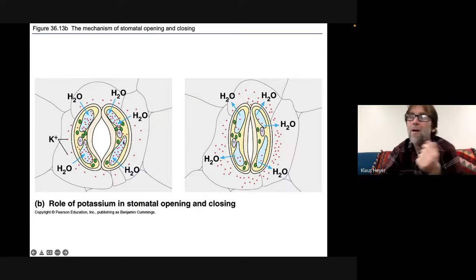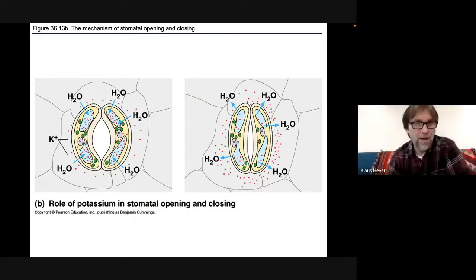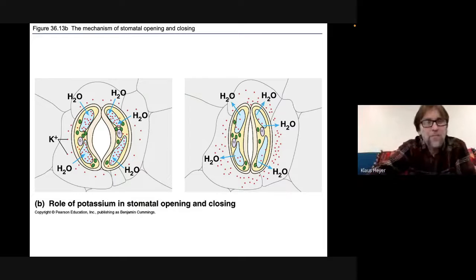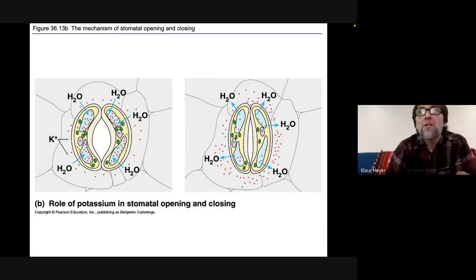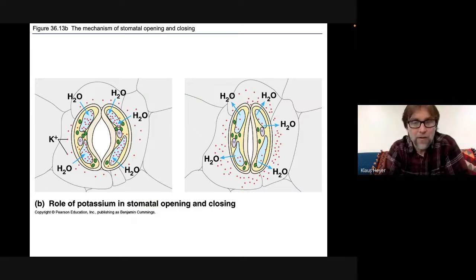And so how do they get water in, and how do they get out of these vacuoles? That's what they're doing all the time. They're forcing water in, and they're forcing water out, and they're using potassium. So remember, water follows solutes. We did a thing in lab where we were using salt, right? But potassium is another solute.